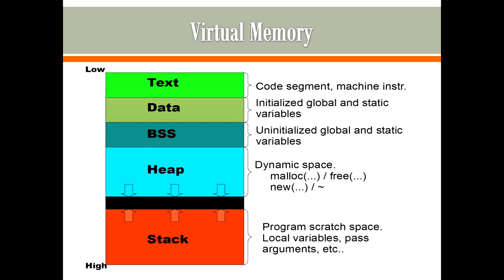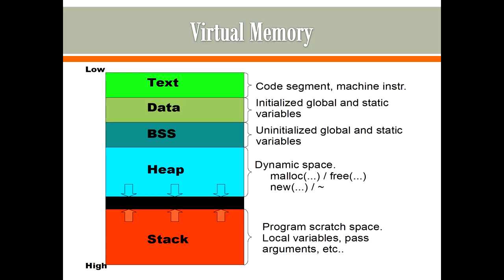Say, for example, int x was defined as a global variable and initialized to 4. It would then exist in the data section. However, if int x was declared as a global variable and not initialized, then it would reside in the BSS section.